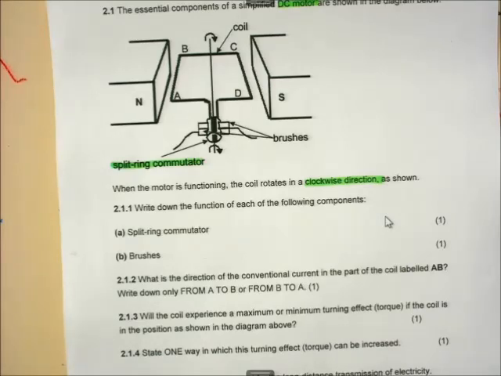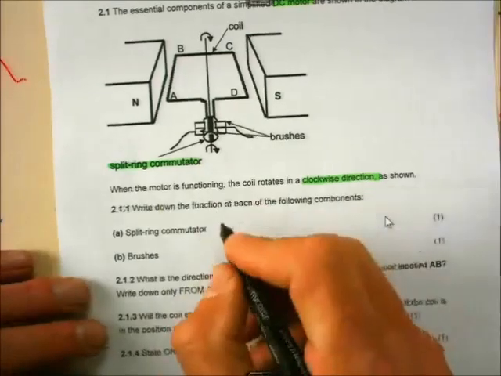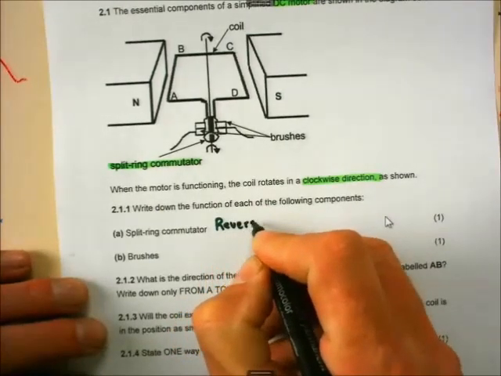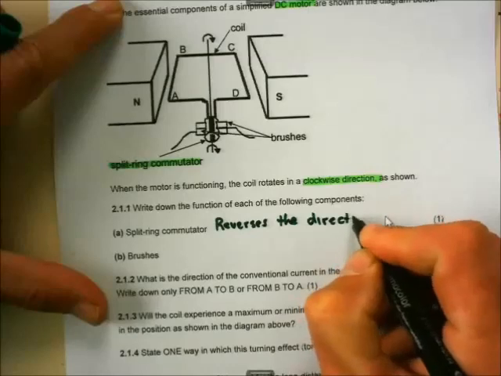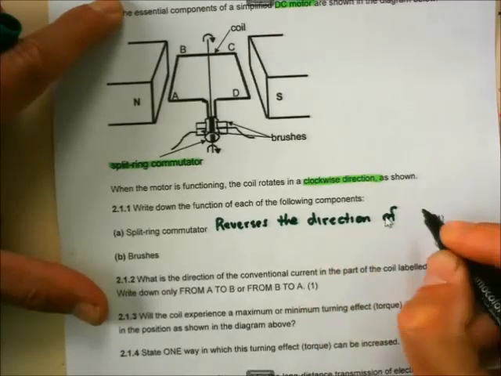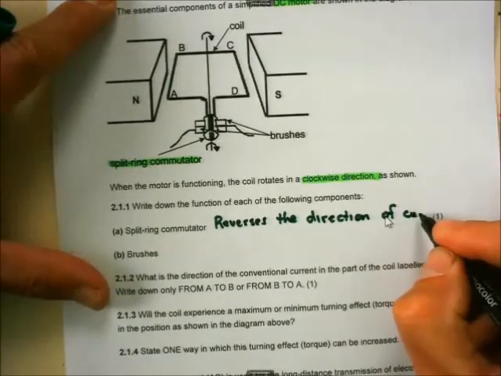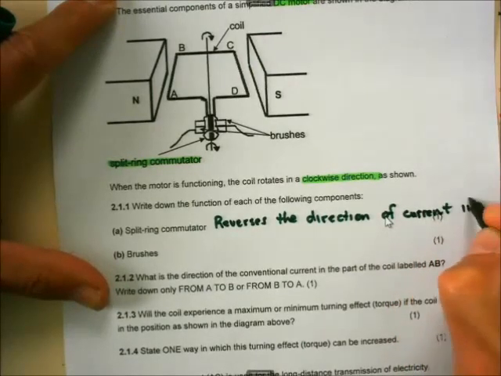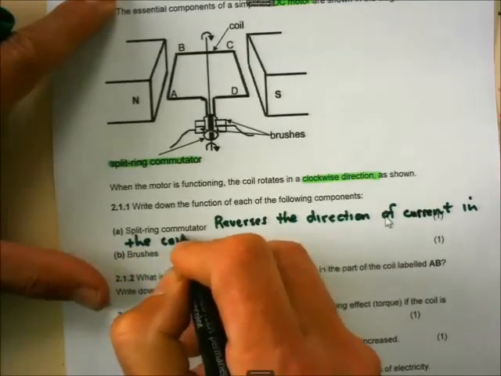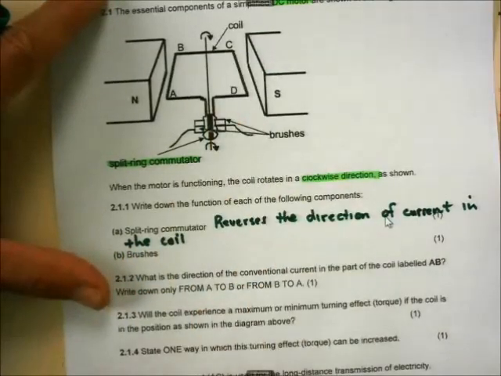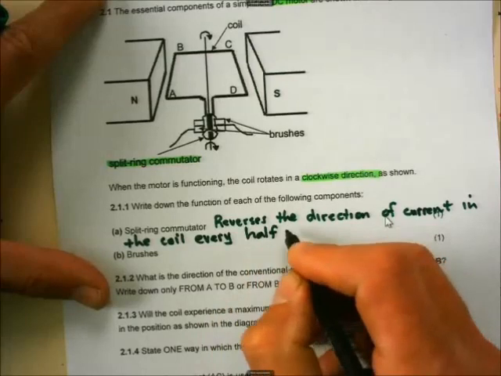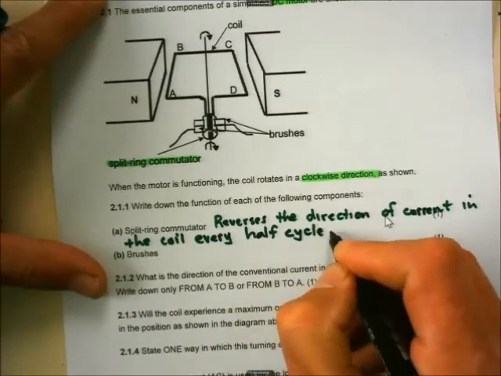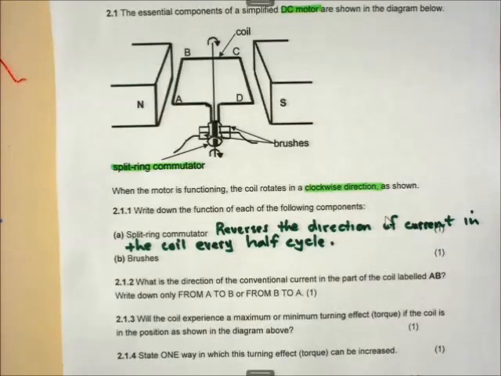Now we said that the commutator reverses the direction of current in the coil, or you can say armature, in the coil every half cycle, or you could say every 180 degrees of turning. All right, so that's what it's doing. We did look at it carefully earlier.